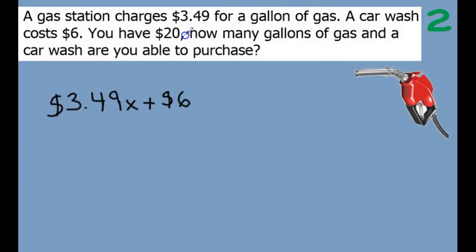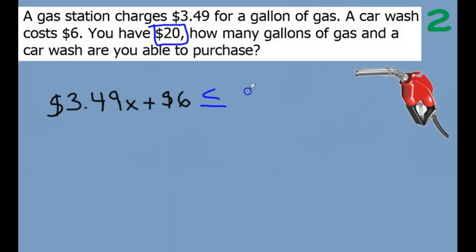Now it says we have $20. So whatever this price is needs to be less than $20. So we need to draw our less than symbol. It could also be $20 because we have that much to spend.